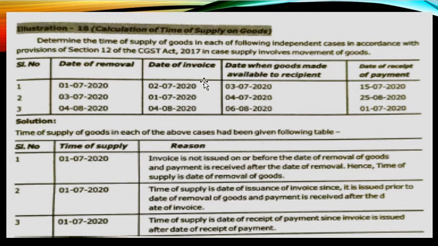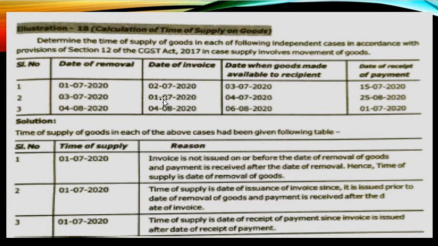Where invoice is not given before the goods are removed from the supplier's place, and payment is received after the date of removal, the time of supply is the date of removal of goods.